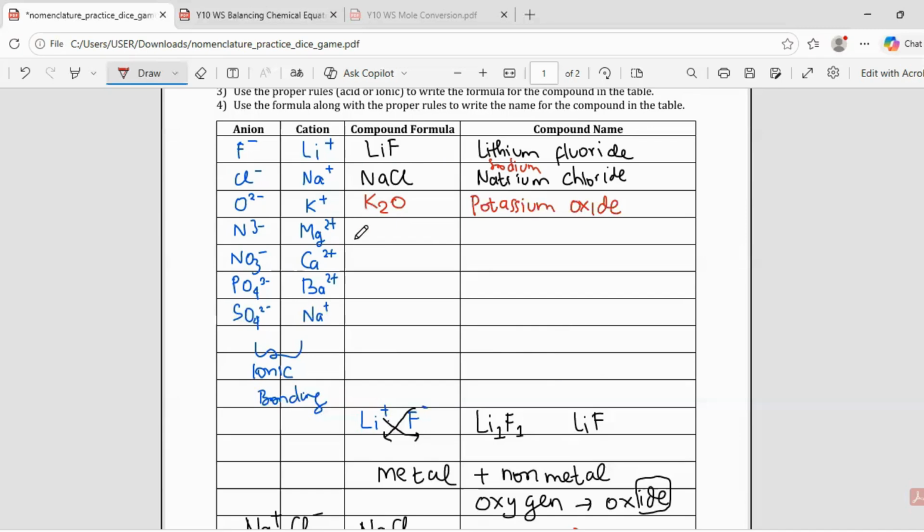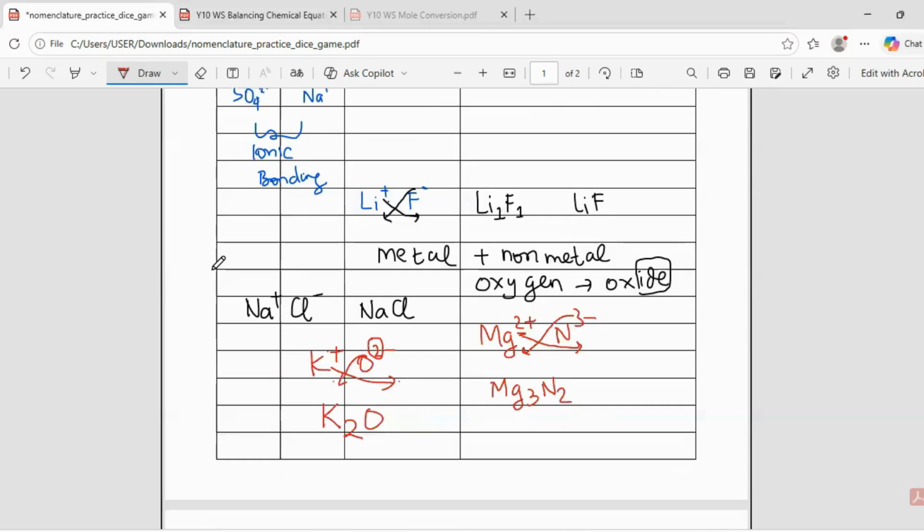Okay, we can write it here, Mg3N2. And the name, we can just write it as magnesium. What is nitrogen? It becomes nitride. You change it, don't forget that. So magnesium nitride.